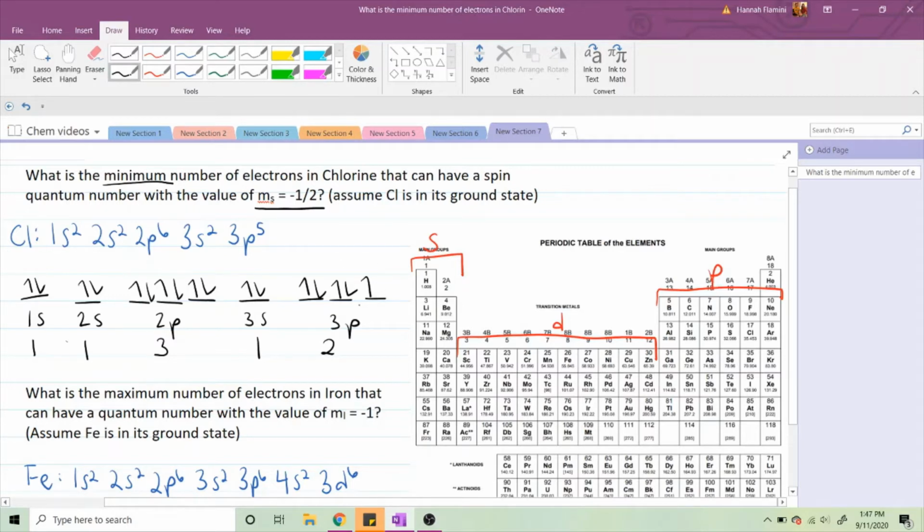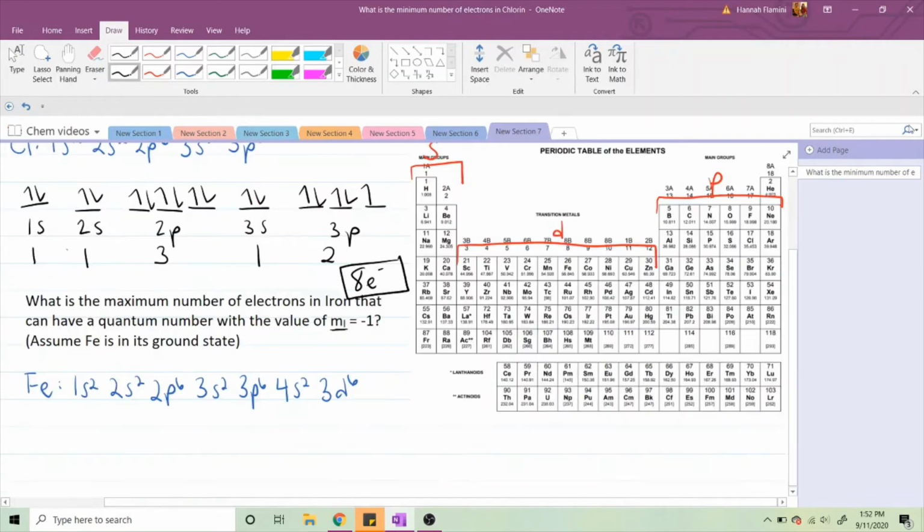So we can only assume that we're going to get it from these 2, and then this is a +1/2 spin. So we just add up how many we get from each box. That's why I think it's useful to keep a little tally underneath. So 1, 2, 3, 4, 5, 6, 7, 8. So our answer is 8 electrons, and that's all there is to it.